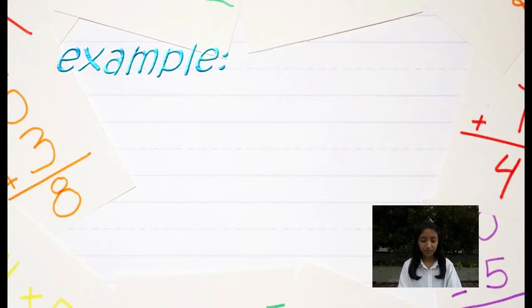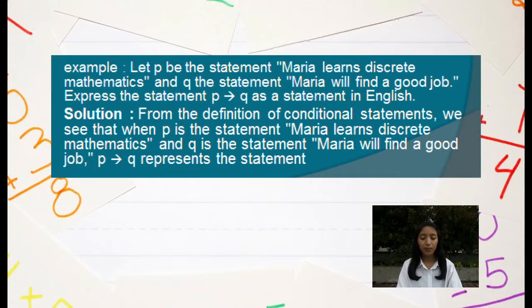Example: let P be the statement Maria learns discrete mathematics, and Q the statement Maria will find a good job. Express the statement P implies Q as a statement in English.